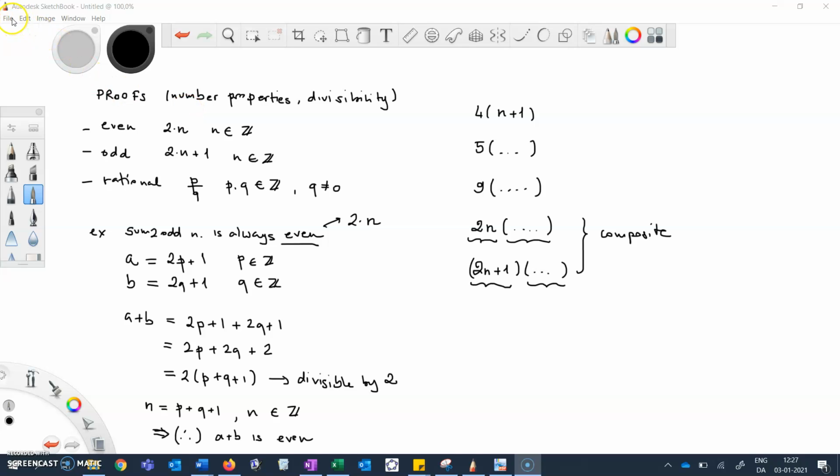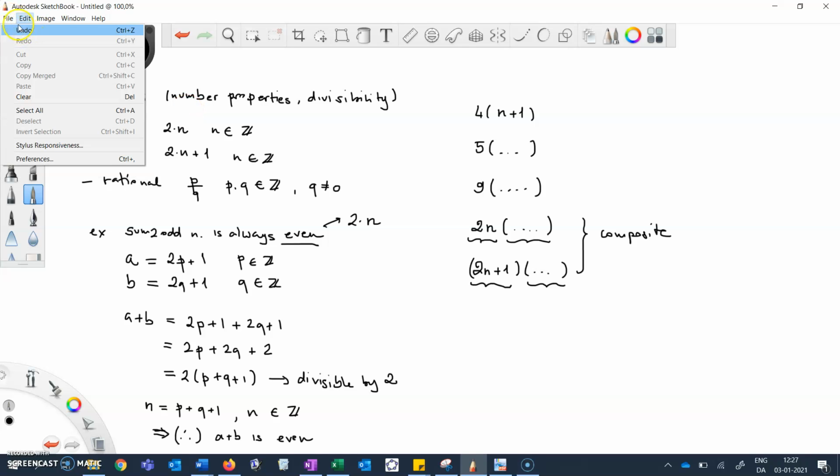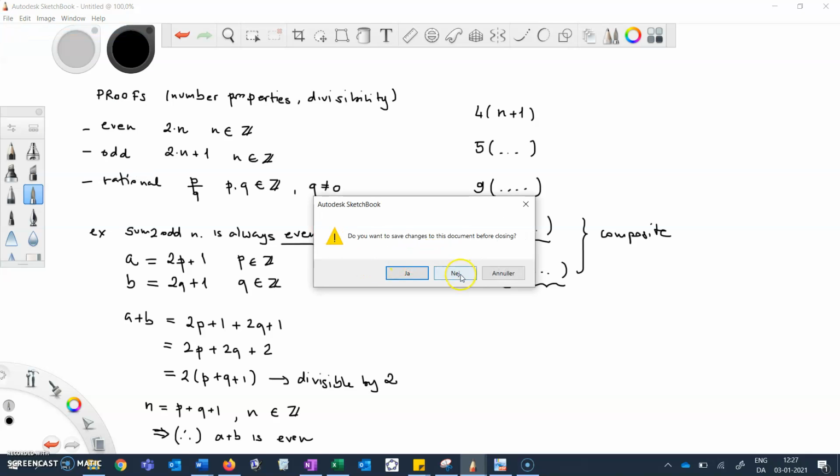Another application of proofs can be found using the binomial coefficient. I want to show you some statements that can be used in order to prove equality. For instance, you remember that the binomial coefficient looks like this.